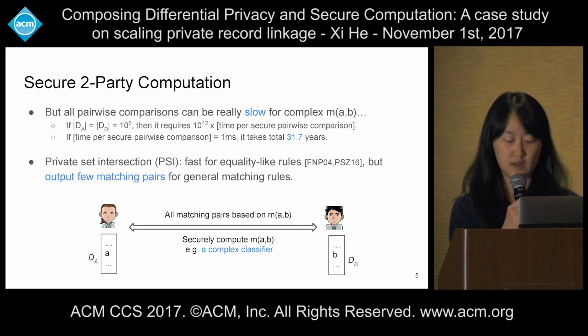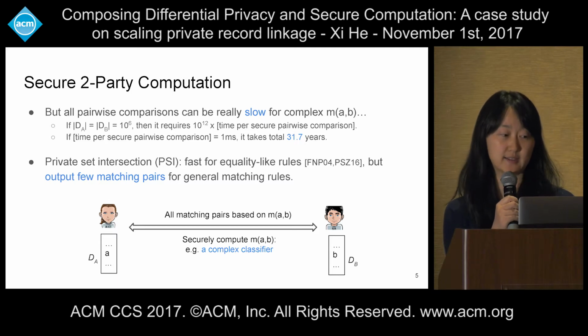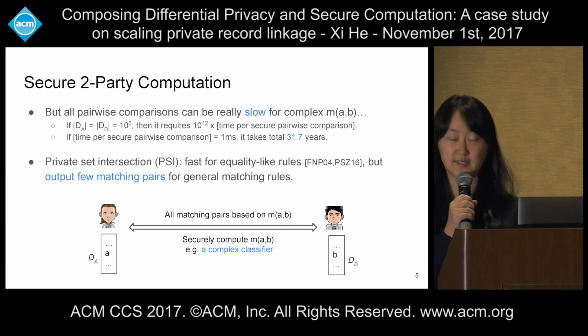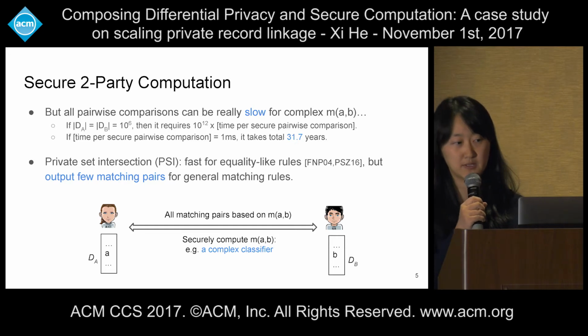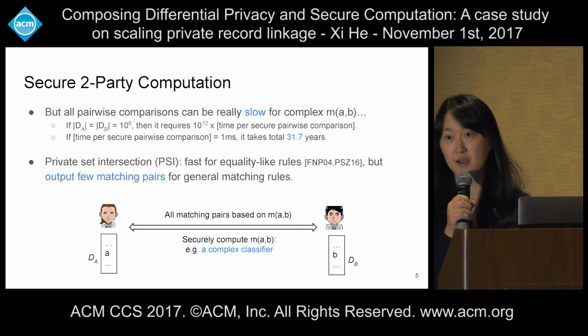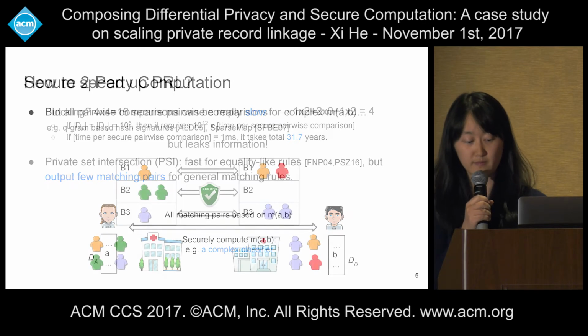There are some efficient techniques, such as efficient private set intersection, that can be applied to this problem, but only for equality-like rules. If you want to deal with more general matching rules, such as a complex classifier, this method may not be applicable.